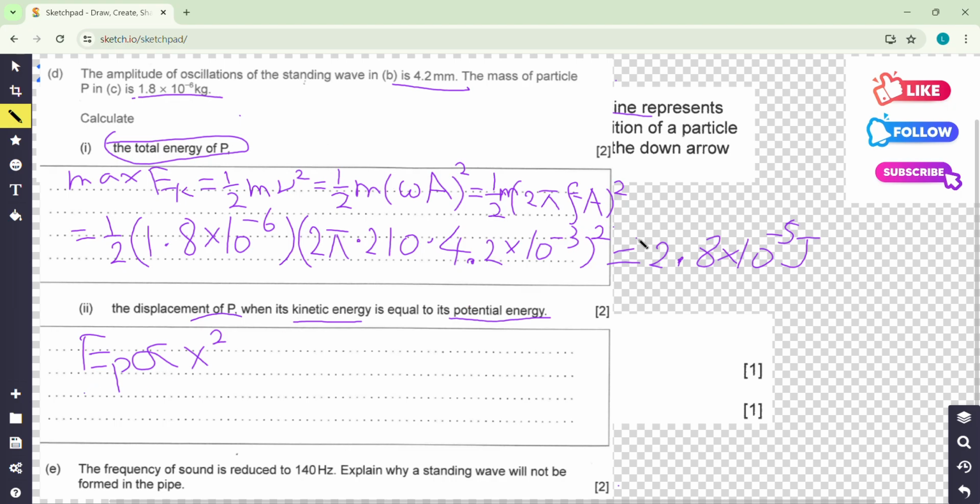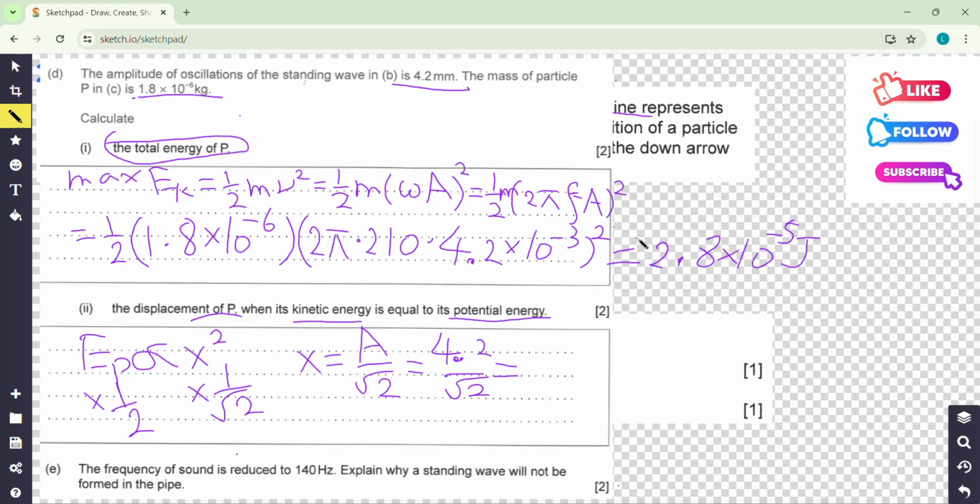So when the potential energy is half, what will happen to the displacement? It will decrease by a factor of 1 over root 2. So the displacement will become amplitude over root 2. You just copy it, 4.2 over root 2, and you will find it out. Calculate it again. Got it, well done. So it is 3.0 millimeter. Well done, copied.